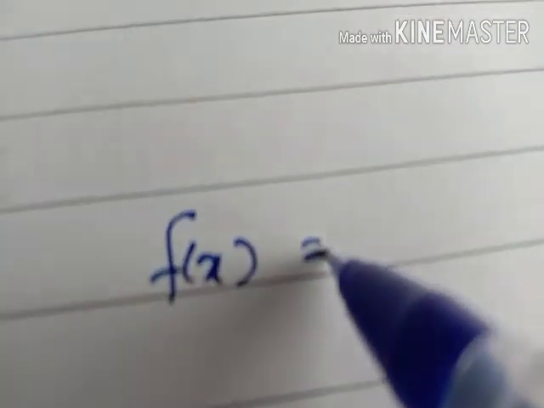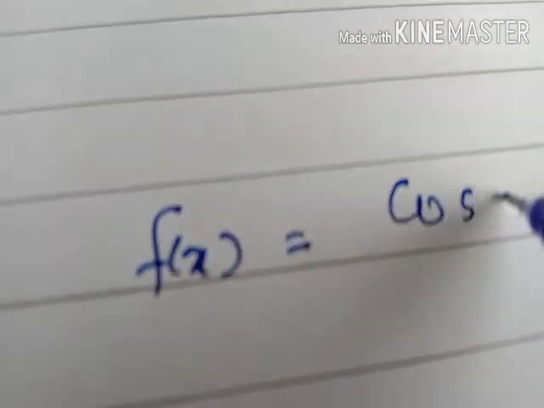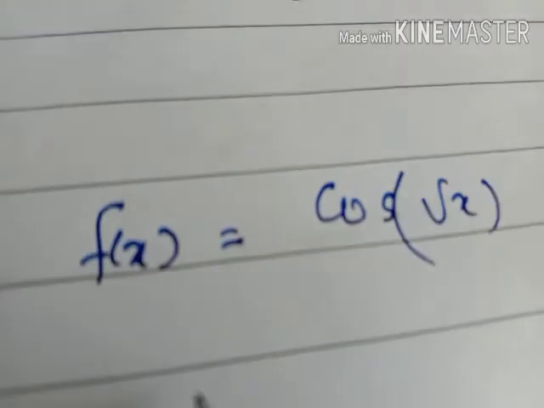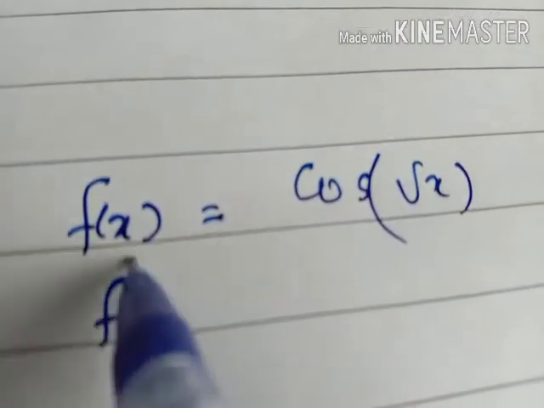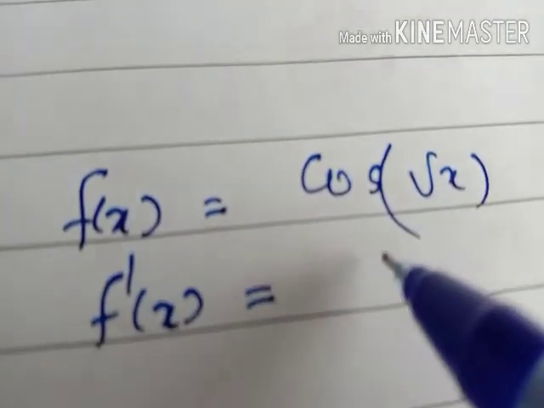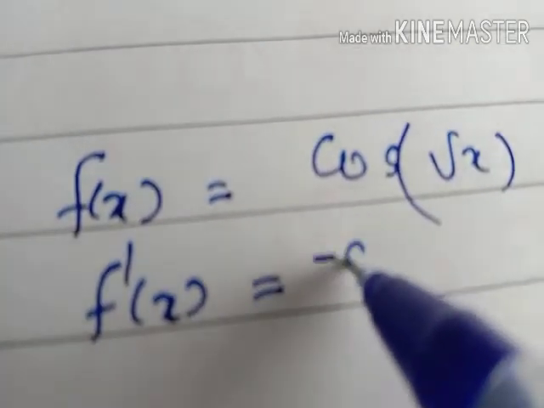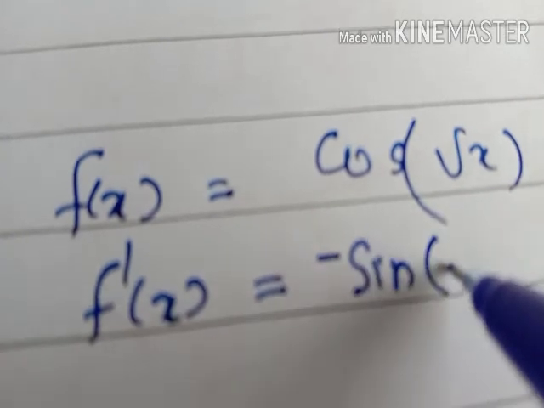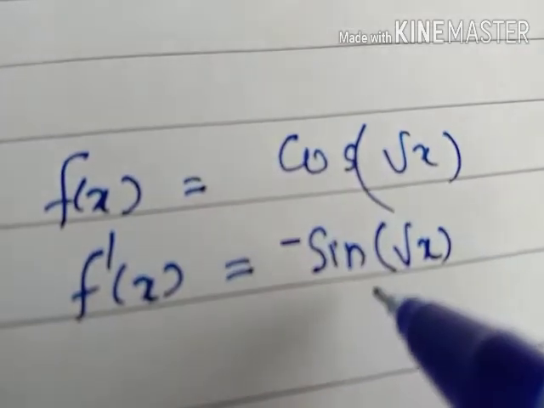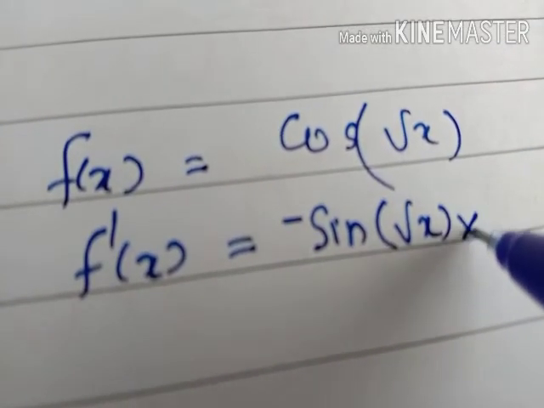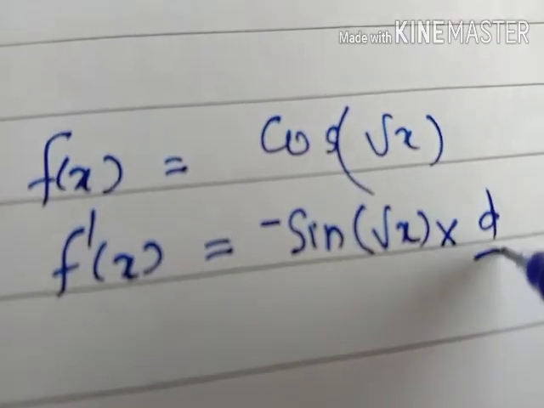Now listen, we have another example. Let's see. f of x equal to cos root x. So what is its derivative, f dash of x? What is the derivative of cos? Minus sine. So it is minus sine root x into the derivative of root x.